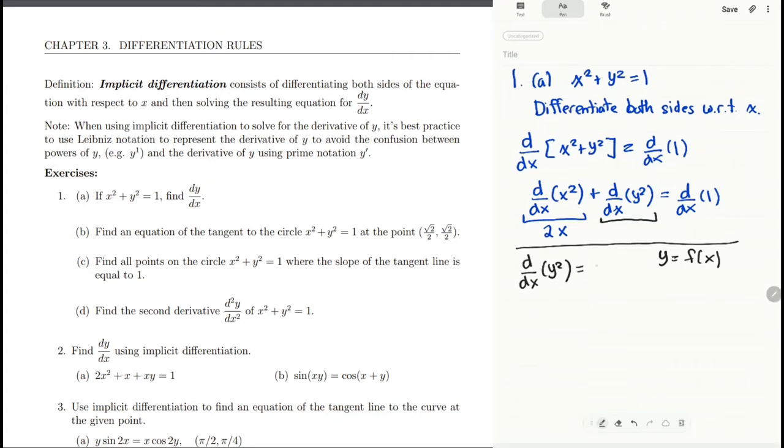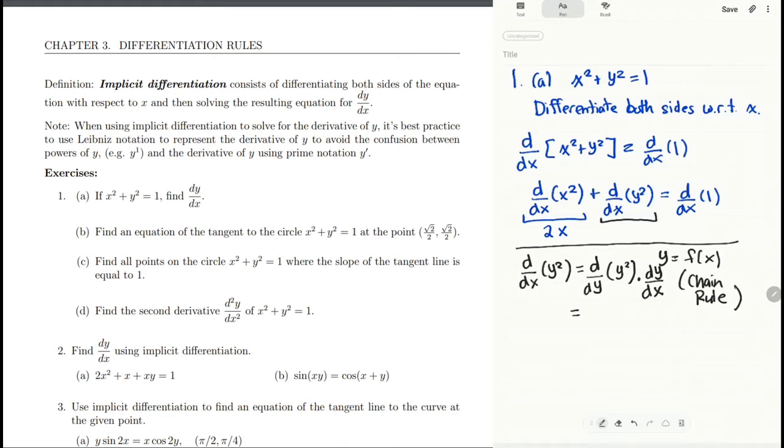So we can write the chain rule with Leibniz notation. This will be equal to the derivative of y squared with respect to y, and then we multiply this by the derivative of y with respect to x. And so this is the chain rule with Leibniz notation.